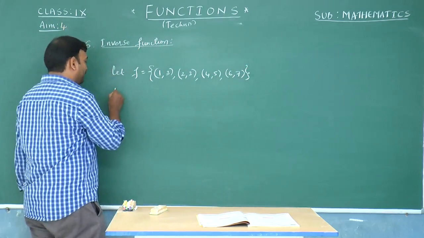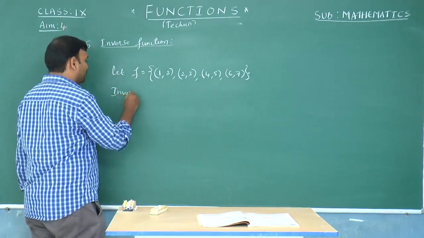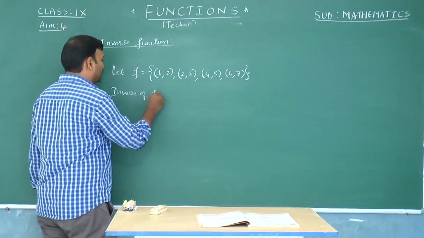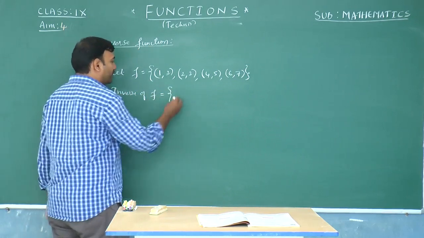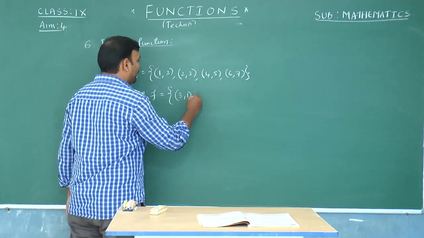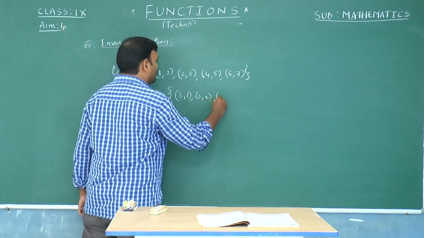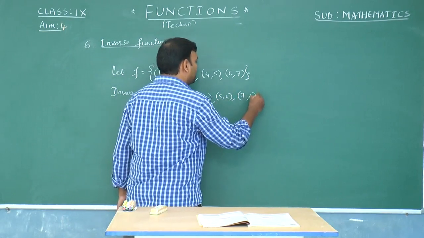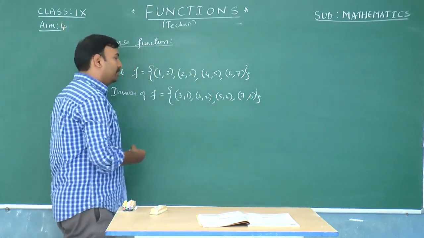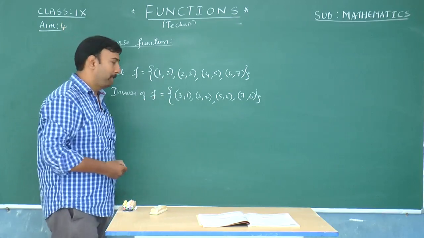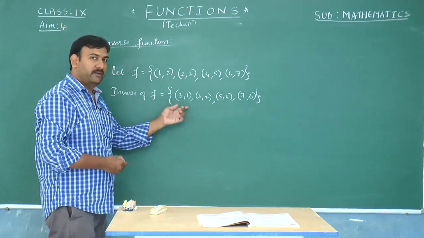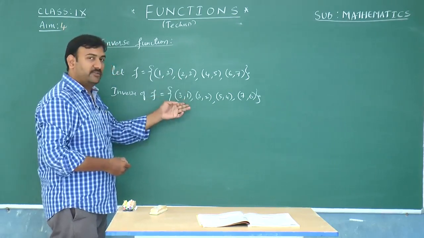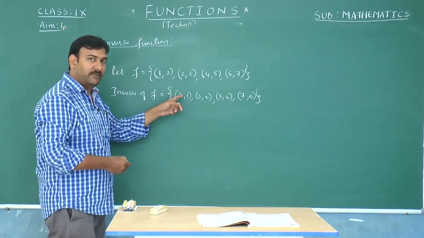Let us take the inverse of the function. The inverse of the function f is given by (3,1), (3,2), (5,4) and (7,6). This is the inverse of the function, but it is not a function. It is just the inverse of the given function.